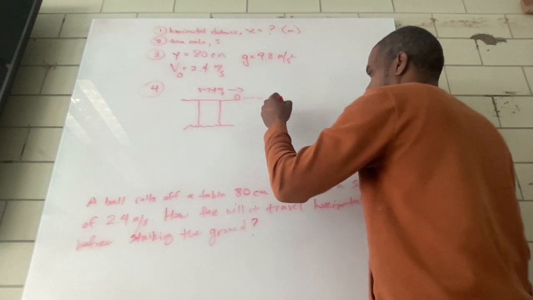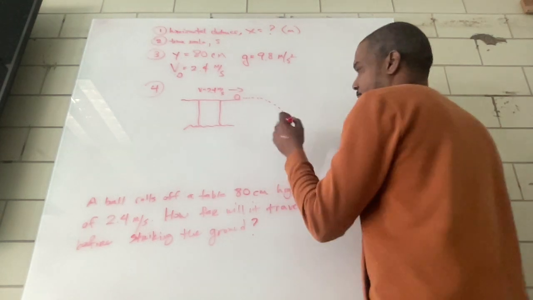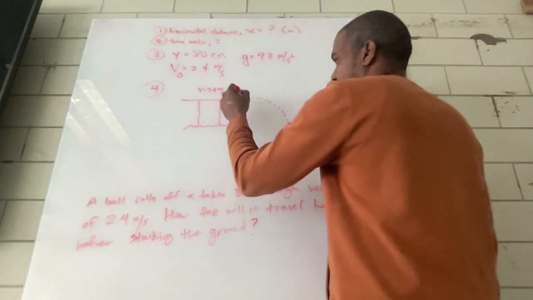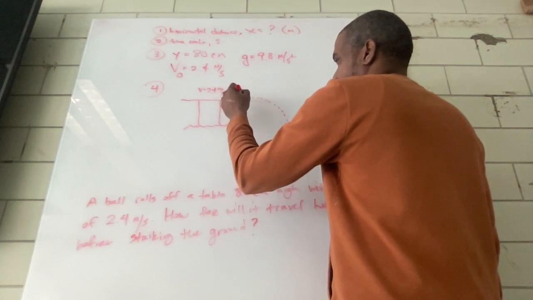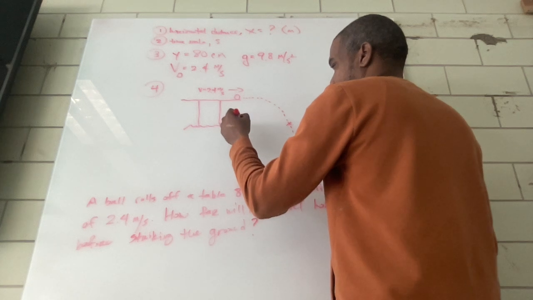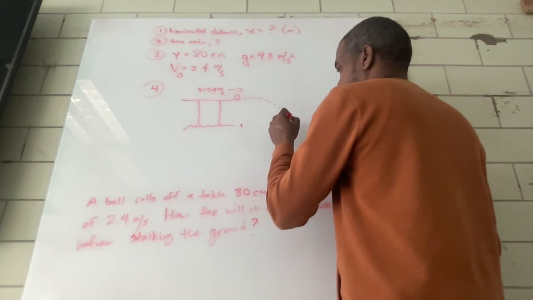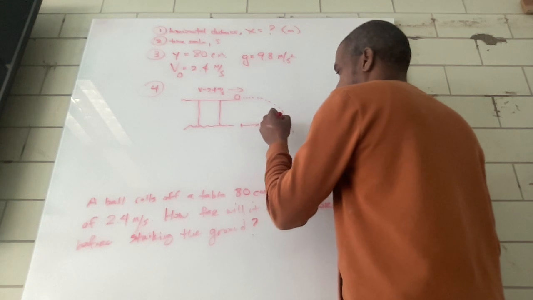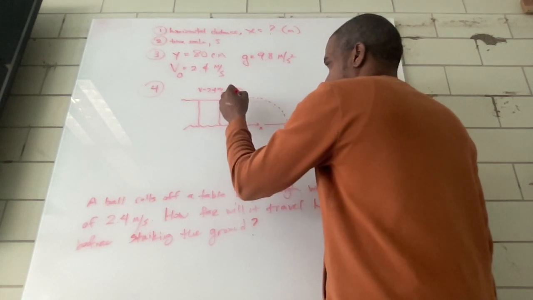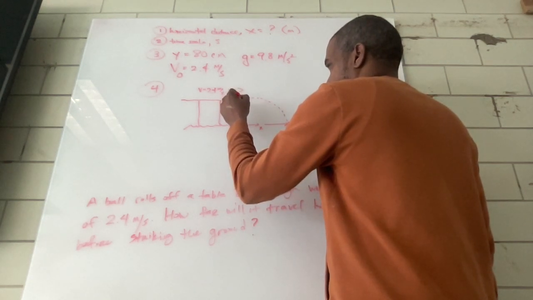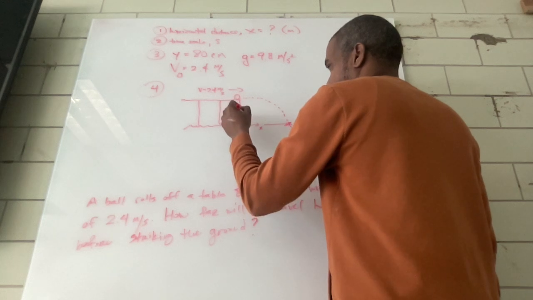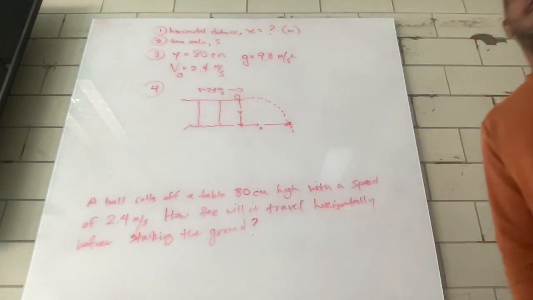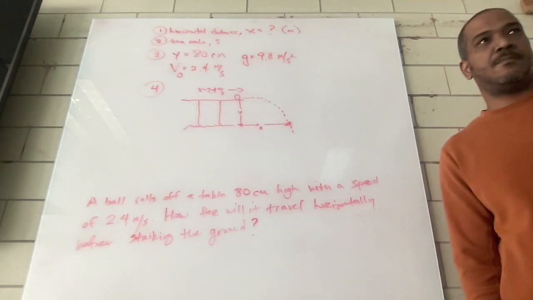Boom. And here is where we wanna know the distance from here to here, which is our horizontal distance, X, and from here to here is our vertical distance, Y. Does that make sense?